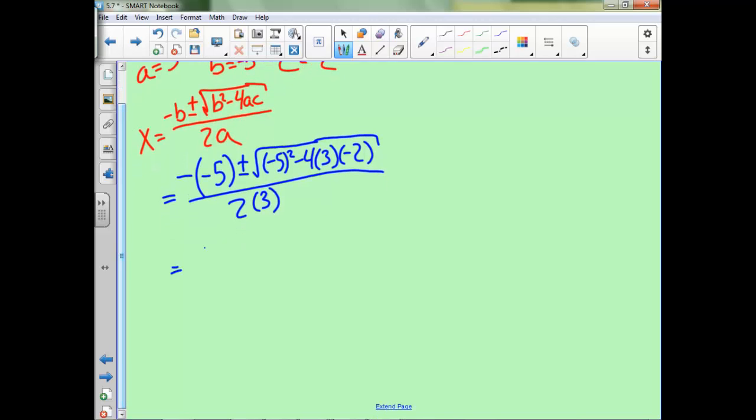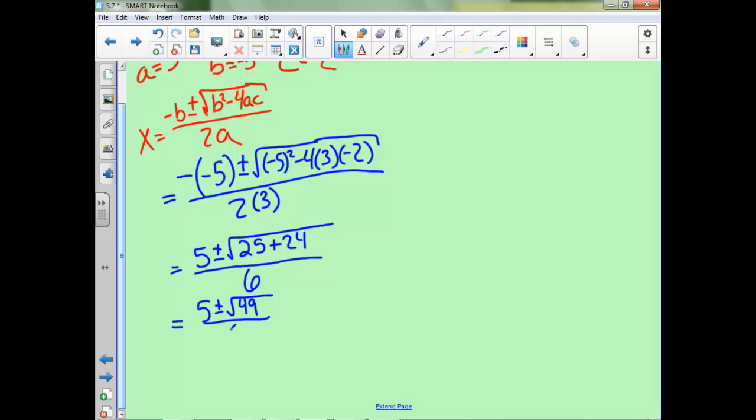A negative negative 5 is a positive 5, plus or minus negative 5 squared is 25, and negative 4 times 3 is negative 12 times negative 2 is a positive 24, all over 6. And simplifying this, we get square root of 49, which means this is 5 plus or minus 7 over 6.